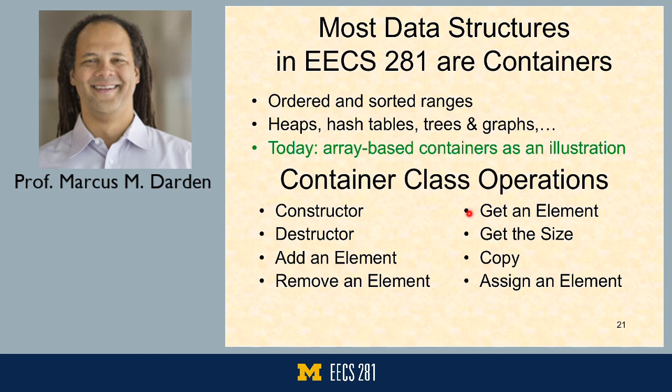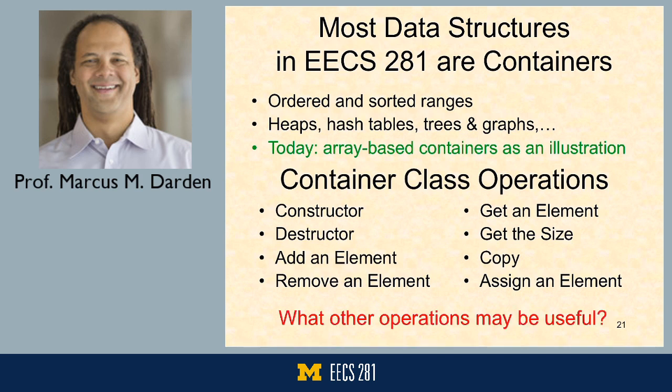So to retrieve an element is good. Getting these other things are additional things that make things nice. So get the size, copy, assign an element. Those are fundamental things to just about all container classes. You've got some version of these operations, and then different containers allow different operations or implement operations differently.